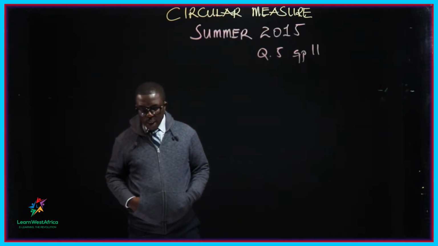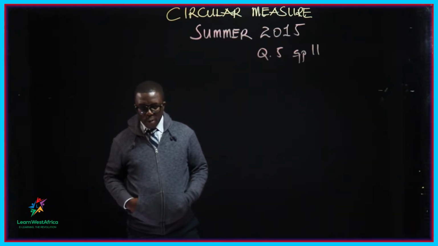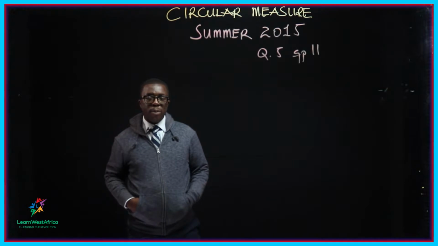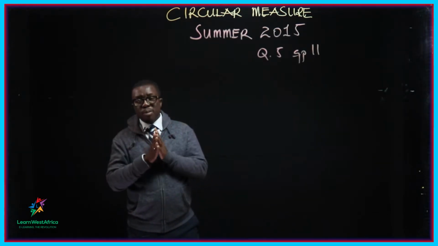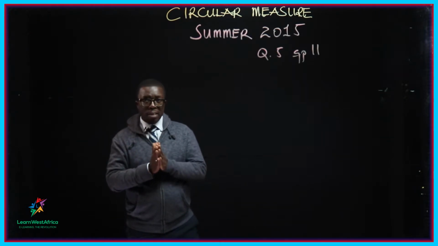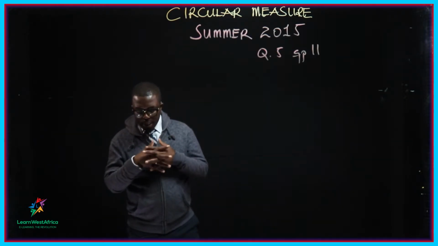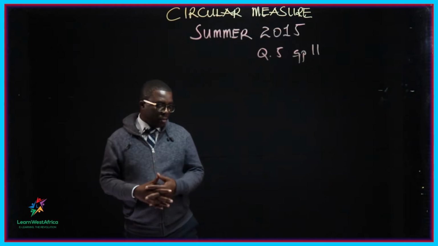And we want to show that the area of the sector is given by A equals 12r minus r squared. So a piece of wire of length 24 is bent to form a sector. What is the area of this sector?